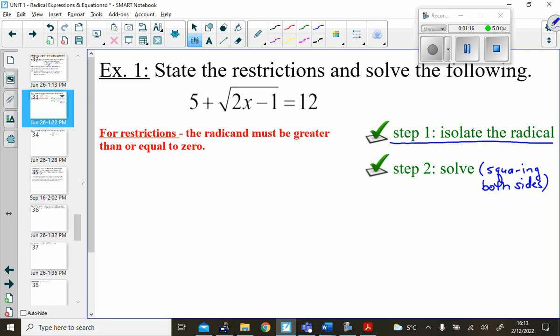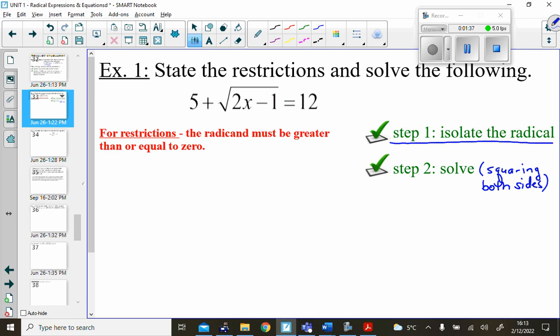Okay, so step 1, isolate the radical. Step 2, square both sides. Step 3, solve for x. So let's put that together and see what happens with this question.